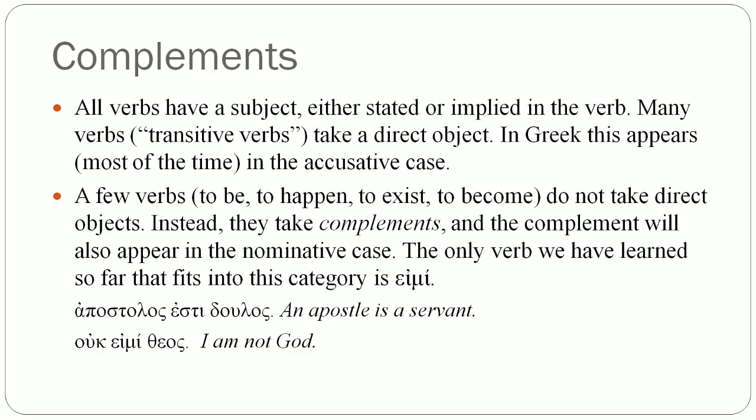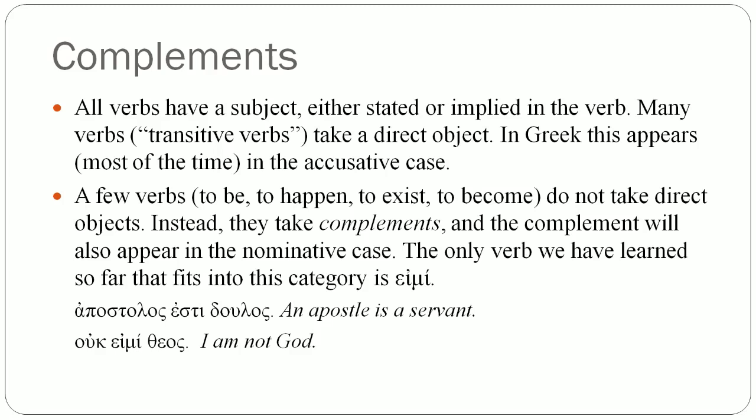Be somewhat careful of these, but they're actually fairly easy to recognize because they come with that certain class of verbs that doesn't really have action in it. And so far, the only verb of that category that we have learned in this class is eimi. So, apostolos, esti, doulos. There's a form of eimi, right? Esti or estin. And notice both of these words, apostolos and doulos, they have that nominative singular ending.